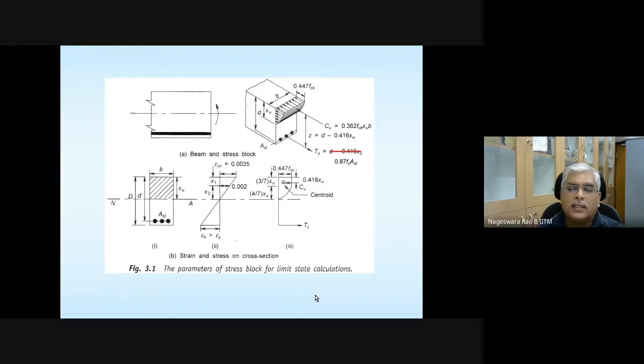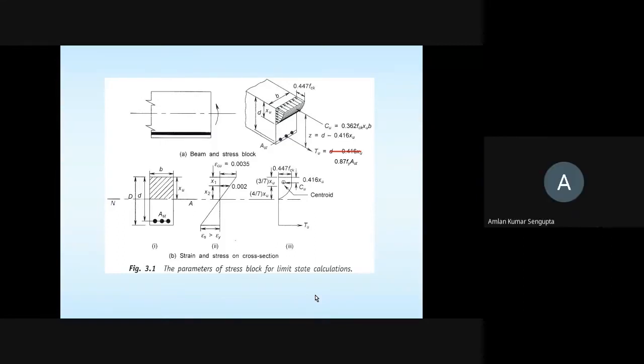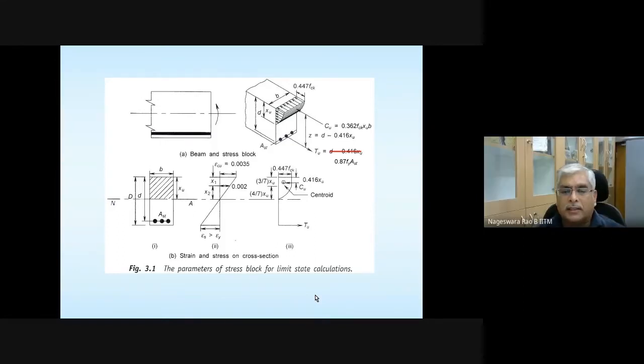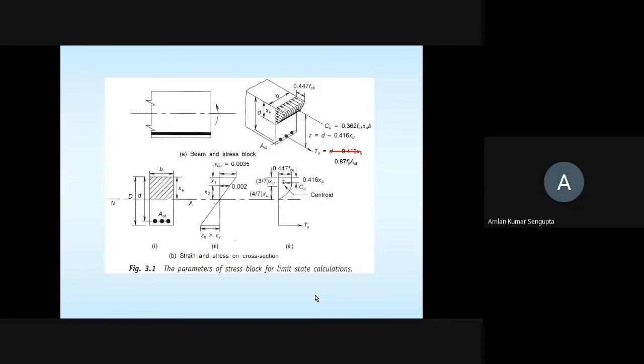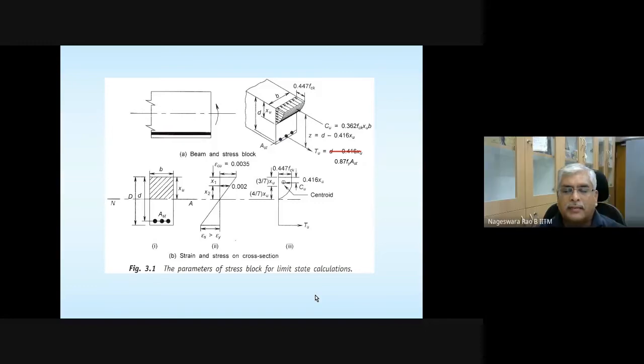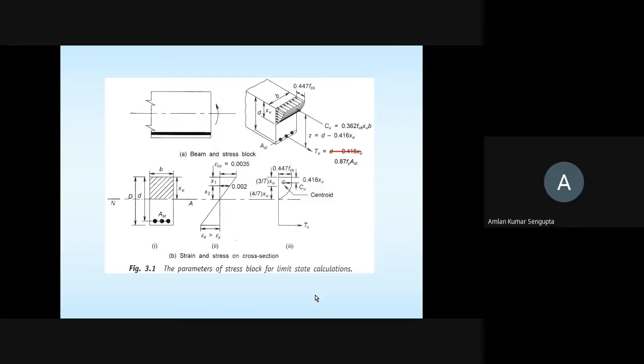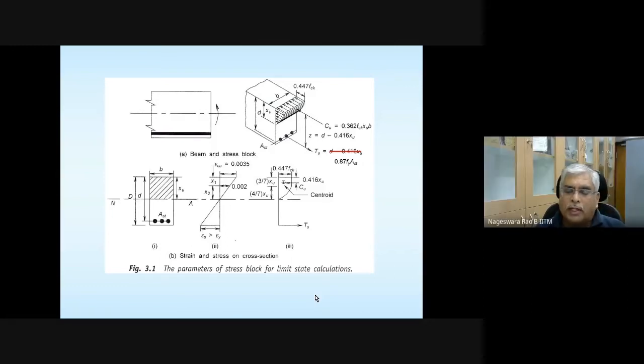Yes, this is for the working stress method. So far, what you did is this one, but there is another way of finding it.